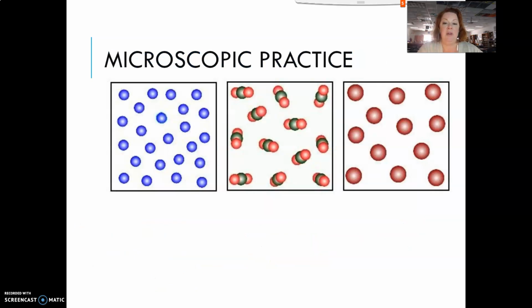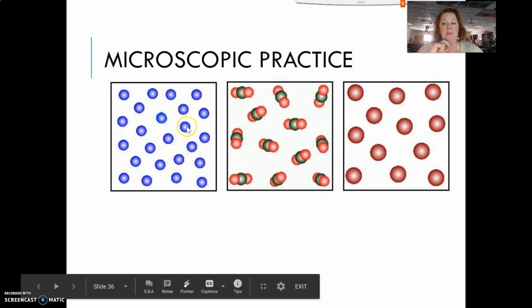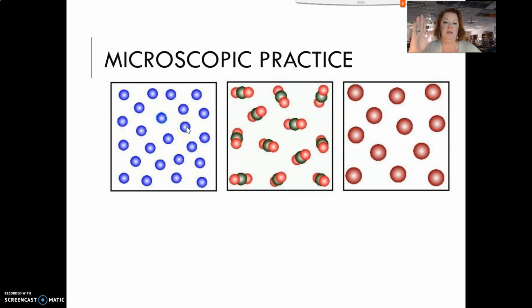So if we look at the microscopic practice, some of these repeat, but we'll look at it. So the one on the left, it's just those blue spheres. You ask yourself, is it a pure substance or a mixture? In this case, it's a pure substance, and it is just one of those spheres representing an atom, so that would be an element.